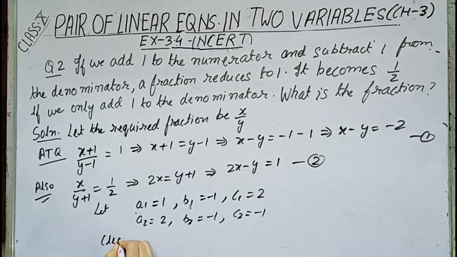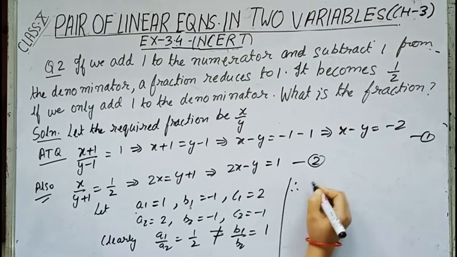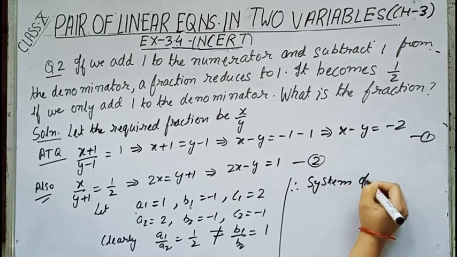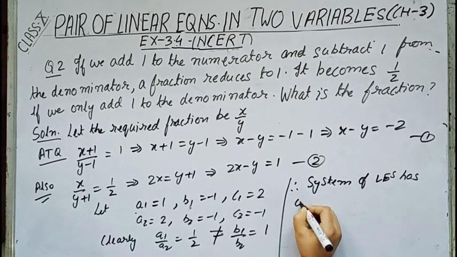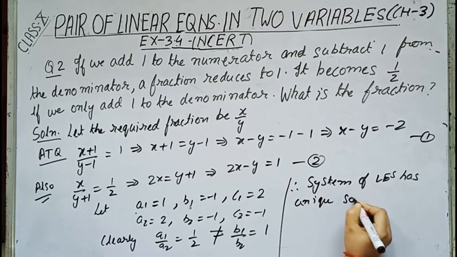Then clearly a1 by a2 equals to 1 by 2 is not equal to b1 by b2 equals to 1. Therefore, the system of linear equations has a unique solution. Now we will find that unique solution.